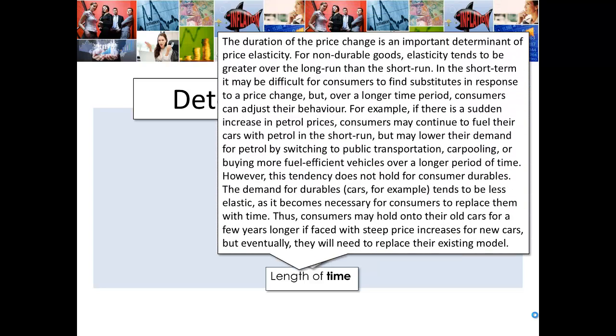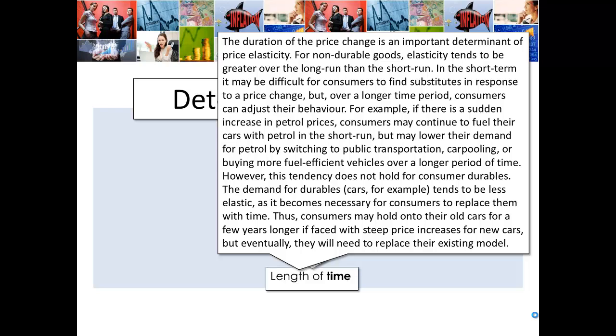The length of time. The shorter the length of time, the more difficult it is for consumers to alter their purchasing behaviours, to find substitutes or change their behaviours in line with the price increases. So for example, if the price of petrol goes up, electric cars become far more attractive, but it takes quite a while for a consumer to be able to sell their old car, save up the money to buy the new electric car.